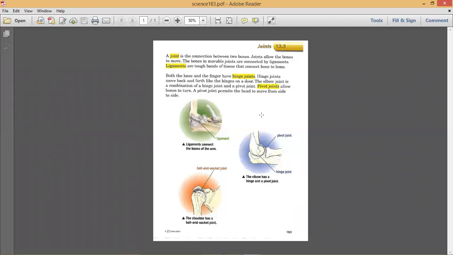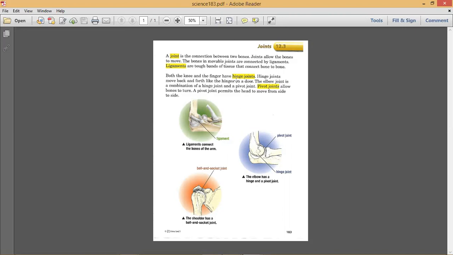The cells in tissue work together to perform a specific function. Now, these ligaments are not just there to hold the bones together, they also prevent bones from being dislocated too easily.